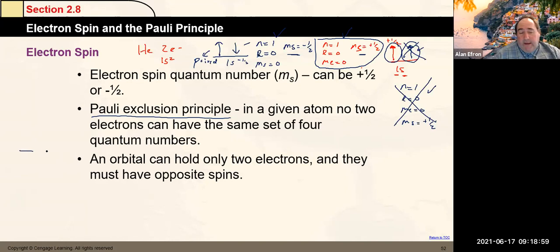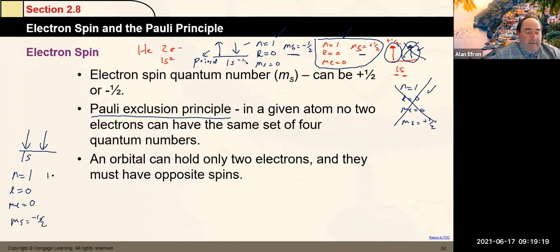And this is also why we couldn't put both of them in heading downward. If we put both of them heading downward in that 1s orbital, our n would equal 1, our L would equal 0, our m sub L would equal 0, and our m sub s would equal minus 1/2.